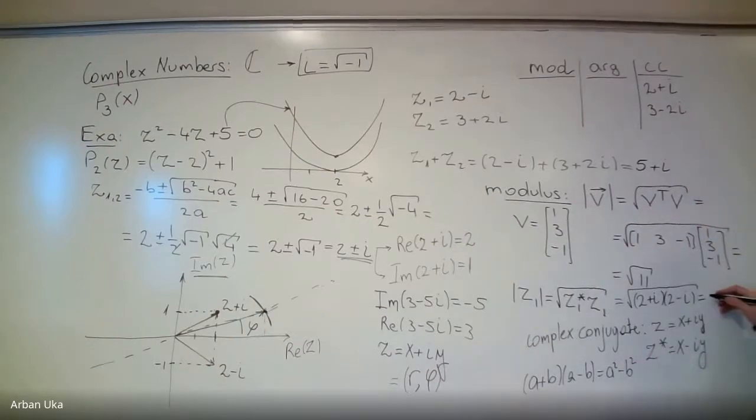Similarly, here this is going to be 2 squared minus i squared. Now i squared is equal to minus 1. So minus minus 1, we get here the square root of 5.